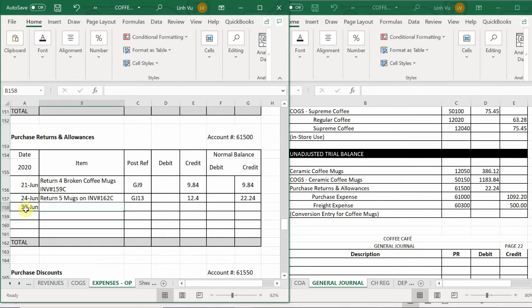What do you want to say here? An adjustment for 9 mugs? Or adjustment entry, 9 mugs? Oh yeah, okay, yeah, we can do that.